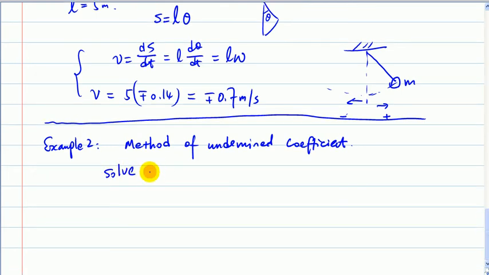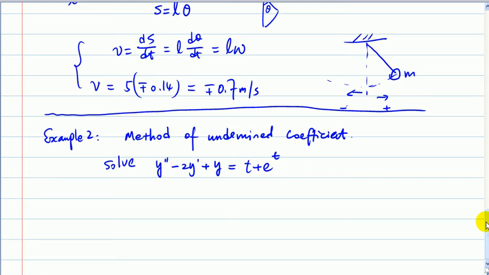So we're going to solve y double prime minus 2y prime plus y equal to t plus e to the power of t. Look at this one here. That's apparently non-homogeneous. The forcing function here is your f of t.